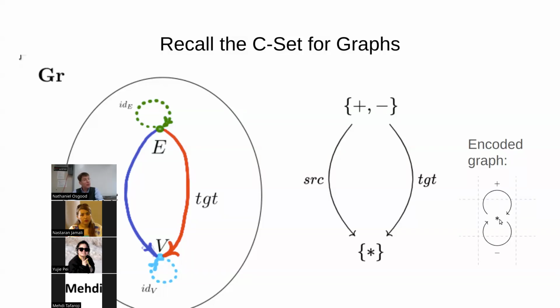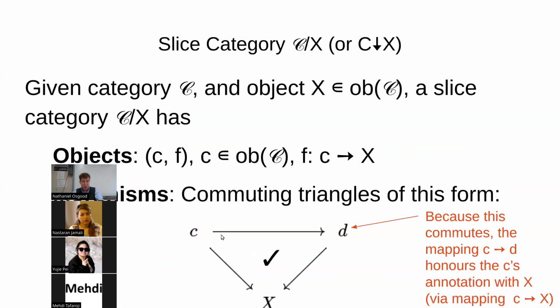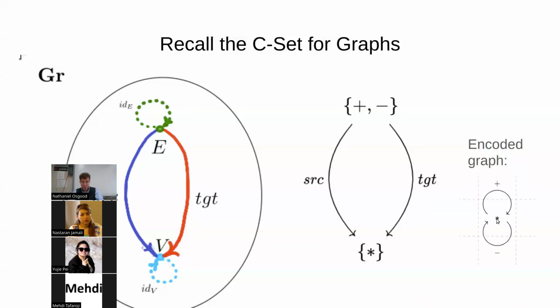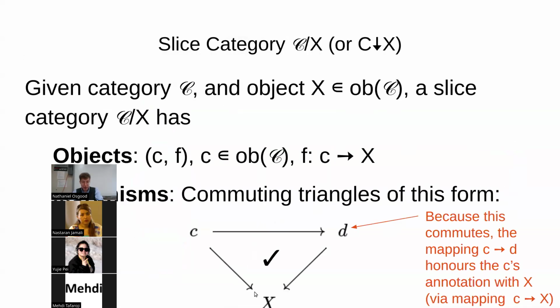Actually, it's the ID morphism. This is the morphism we call minus. It's an extra morphism we call F. And we have these triangles. C is now a category, and every object of the category goes to the only object of the target category X. But morphisms here are labeled with plus and minus.